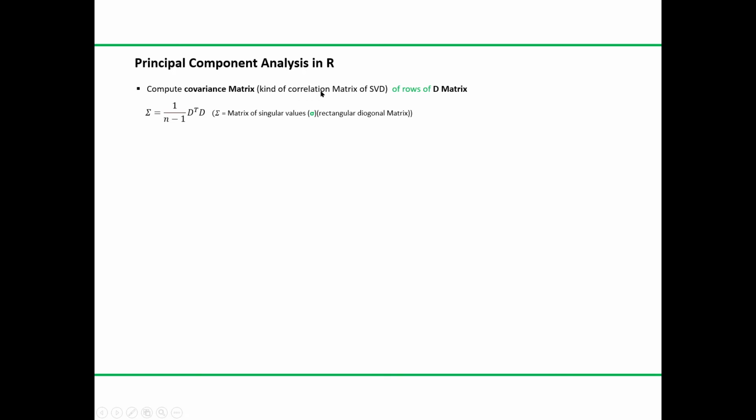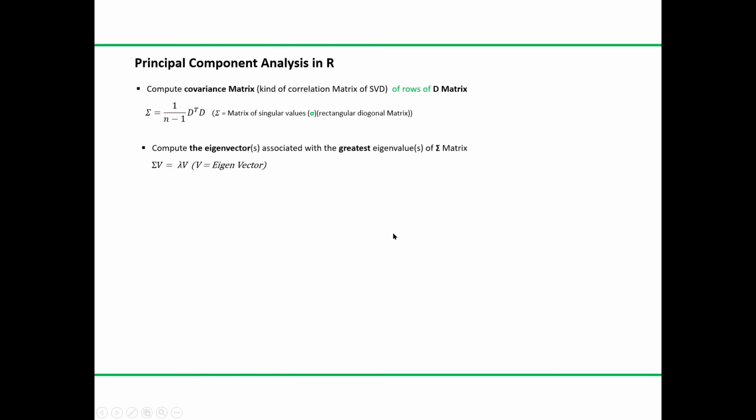It's also nothing but the correlation matrix of D, the covariance matrix of rows of the D matrix. How can you generate this? You take the transpose of your D matrix and multiply it with the D matrix. This will be your covariance matrix, and it is a singular value matrix as well.